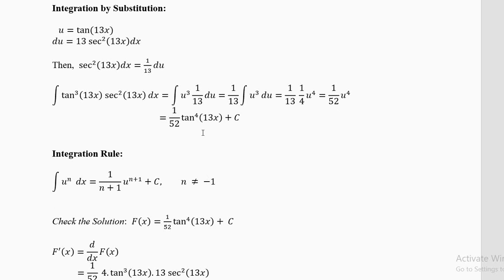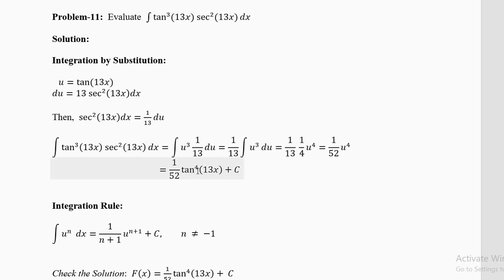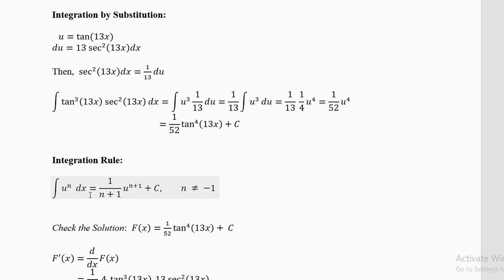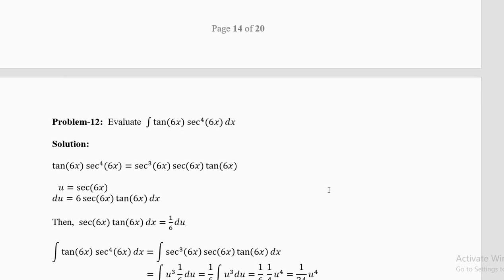Just put it back. We had seen that the answer is tan power 4 divided by 4 and the 13 is inside. So you can write a little bit less and do this question with less writing also. And the answer can be checked by differentiation as before.